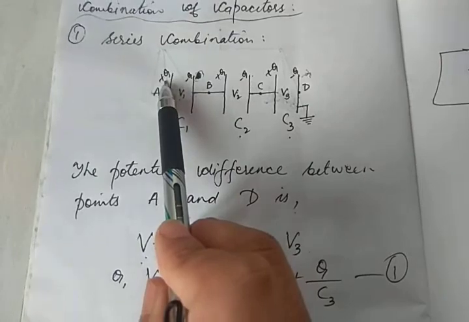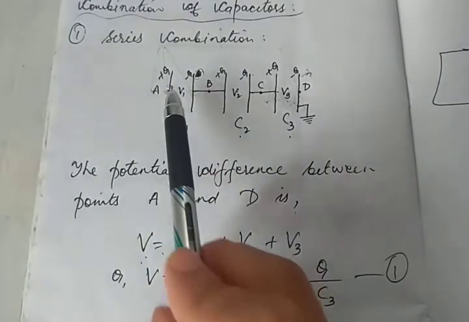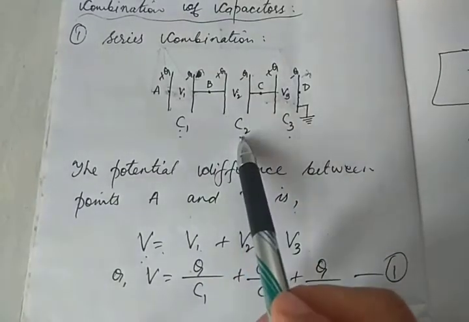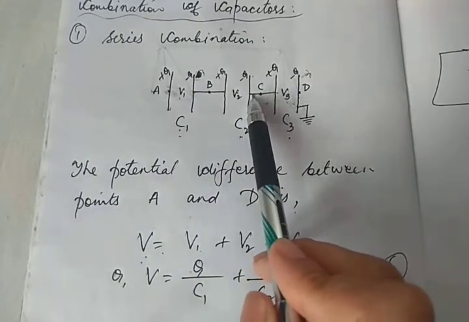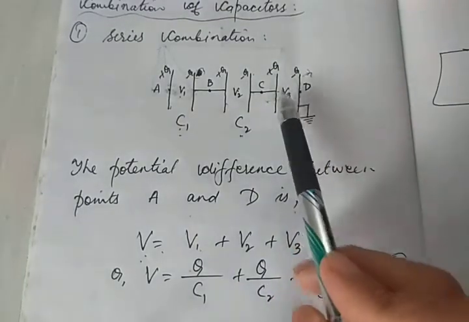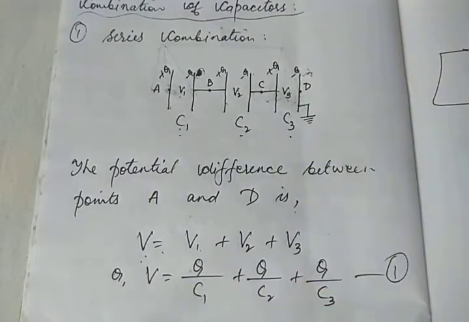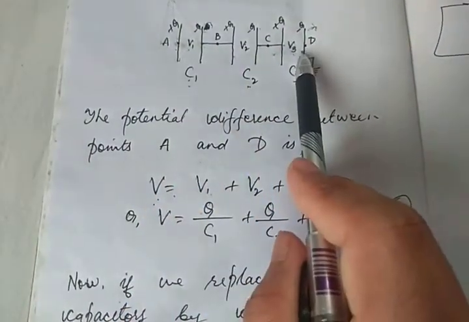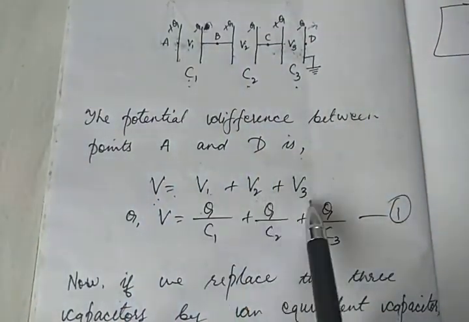The charge is Q, its capacitance is C1, so the potential difference is V1. The charge is Q, but the capacitance is different, C2, so the potential difference will be different, which is V2. The charge is the same, but the capacitance is different, C3, so the potential difference will be different, which is V3.